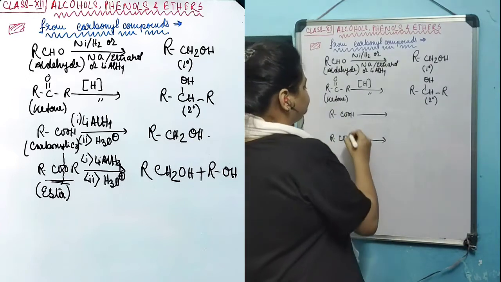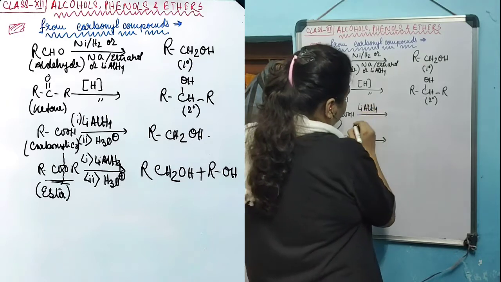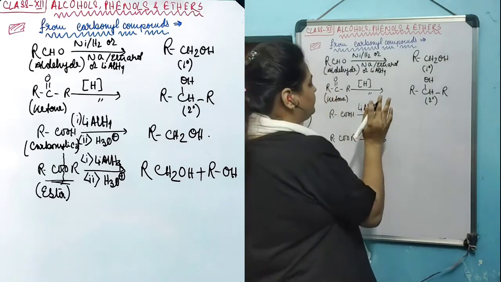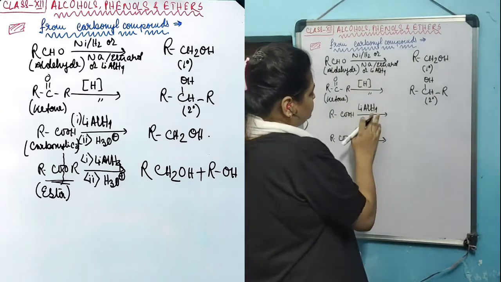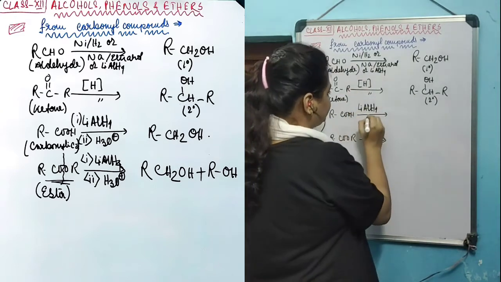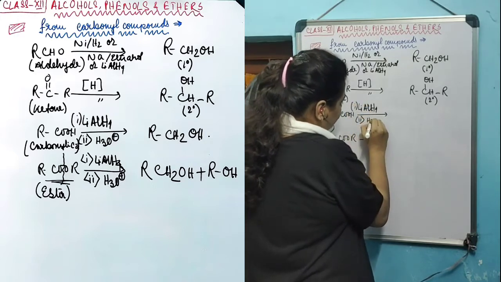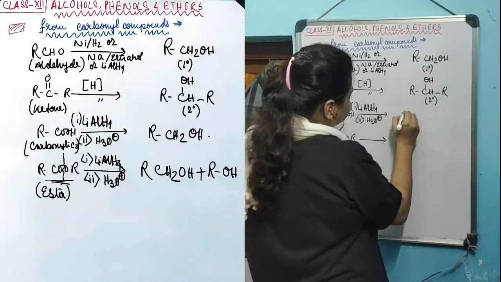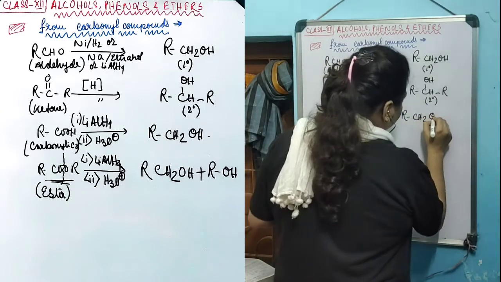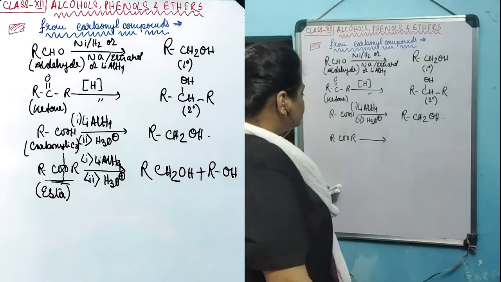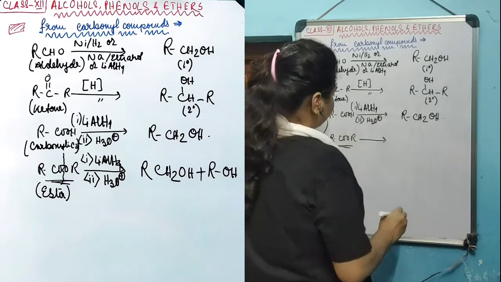What happens here? When carboxylic acid is subjected to reduction with a strong reducing agent like lithium aluminium hydride or sodium ethanol, and then in the next step acidic hydrolysis is done, the product formed is the corresponding alcohol. The same happens in the case of ester.